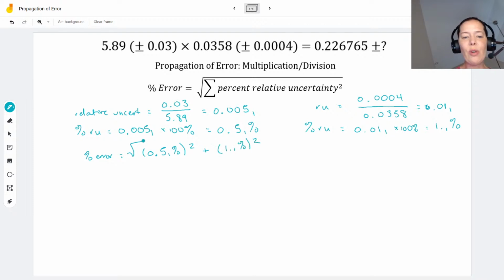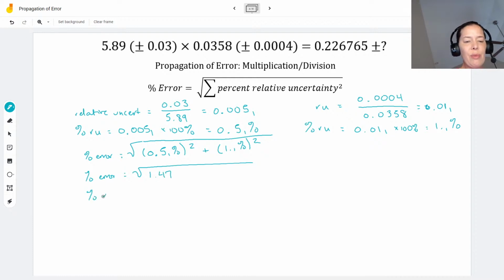I'm going to square it, and of course, all of this is under the radical here. Okay, so my percent error, if I simplify under the radical, I think I have that number, yes, 1.47, which gives me a percent error, or as you could say, again, a percent relative uncertainty. I am interchanging these, 1.2%. All right, now you can report this as a plus or minus 1.2%.